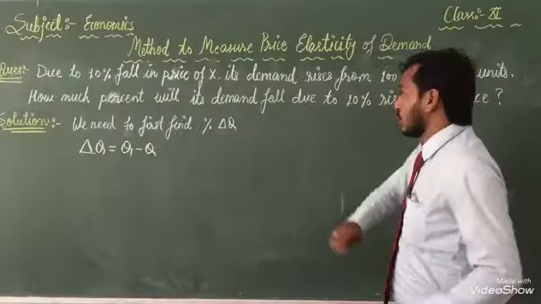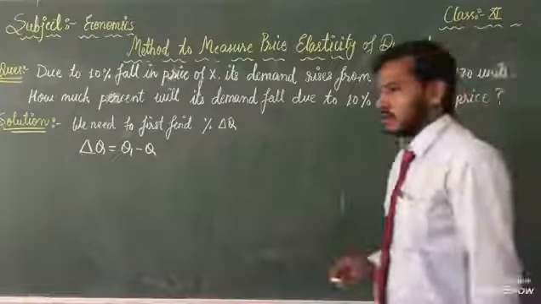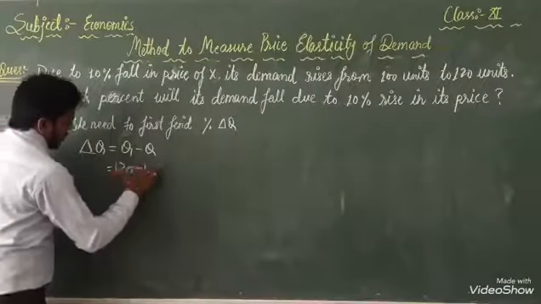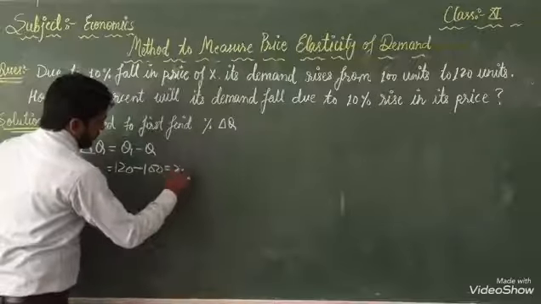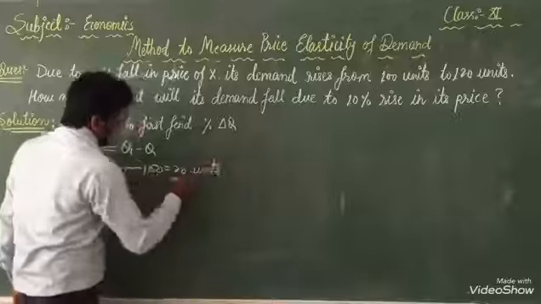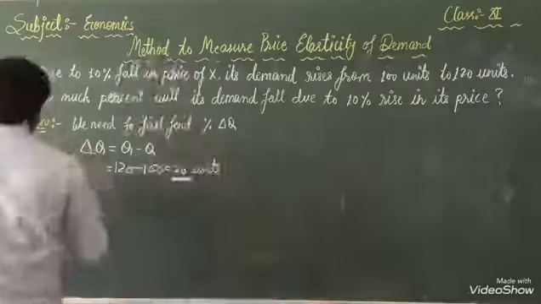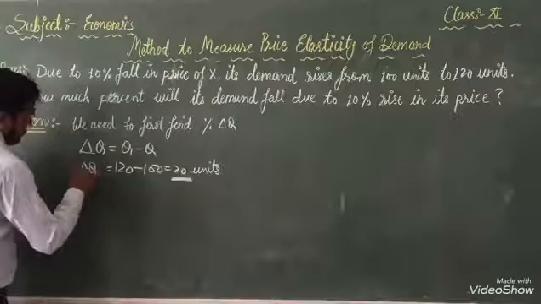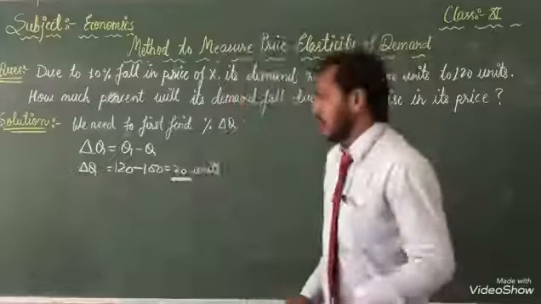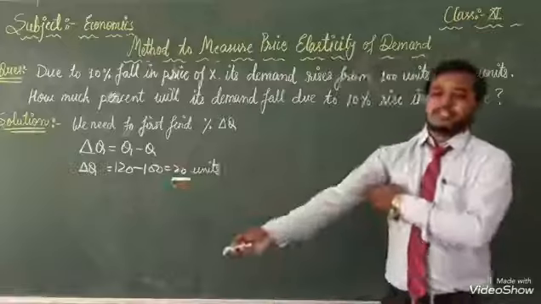Now I have told 100 and 120. 120 minus 100 is 20 units. 20 units came in front of you. It is the value of delta q. You have followed this formula, and after that you have got this value.